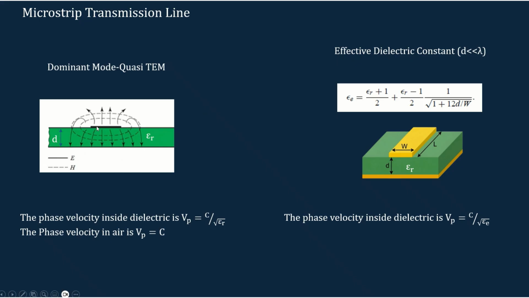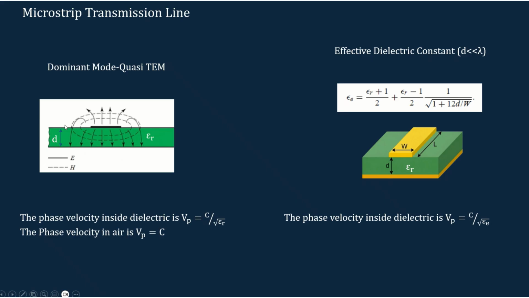That is because of the field in these lines. This is the cross section. When the wave propagates through this trace, it does not only propagate from the trace to the dielectric; some of the waves extend from the trace into the air and then to the dielectric.